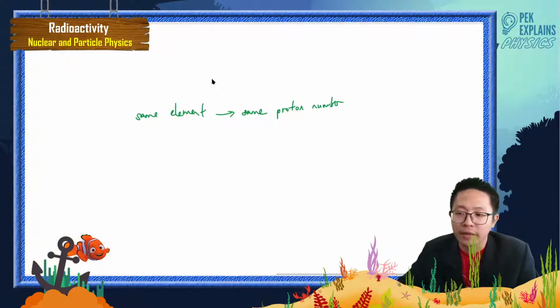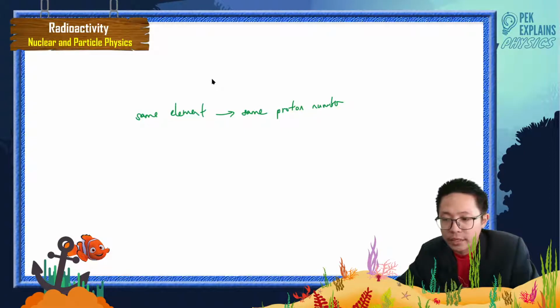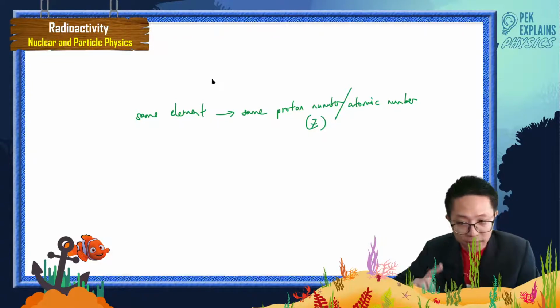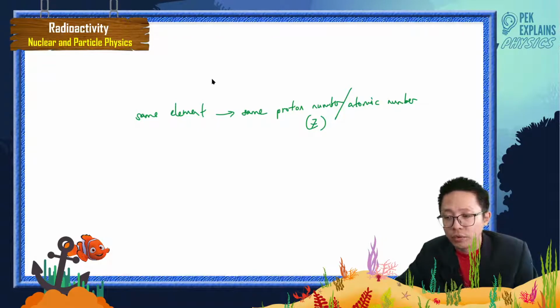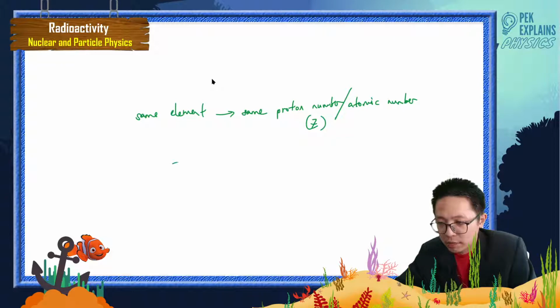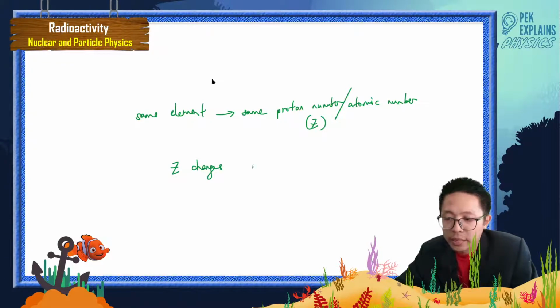Same element must have the same proton number, or we say the same atomic number. So proton number is the Z. They must have the same Z. If the proton number changes, then the element changes.